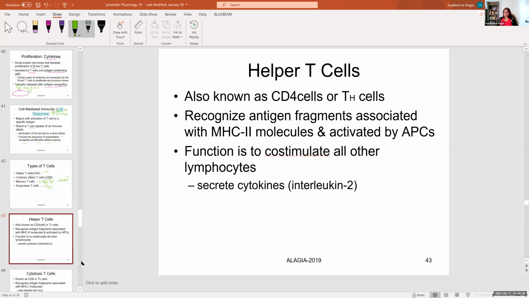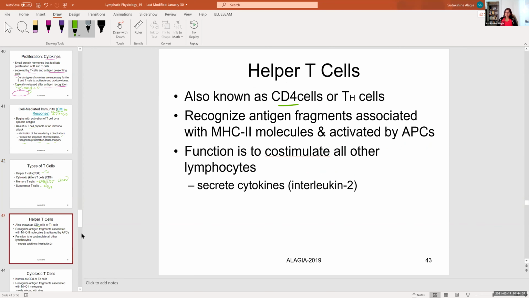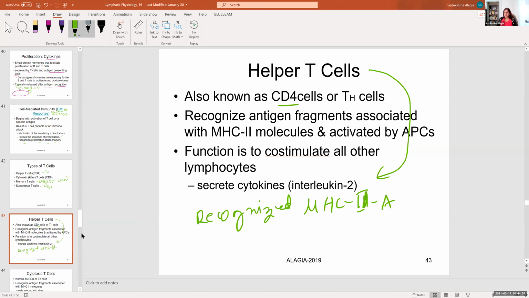So CD4 cells, these two, CD4 and CD8, are what our focus is. CD4 cells recognize the MHC2 antigen complex, wherever that MHC2 antigen complex is.